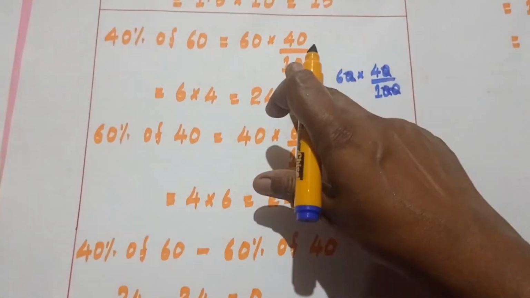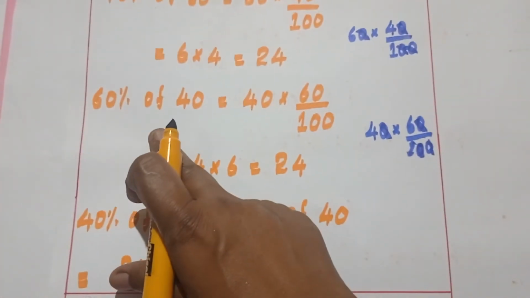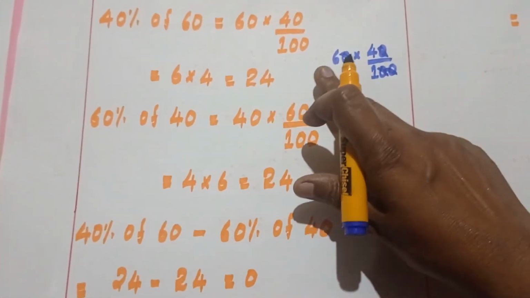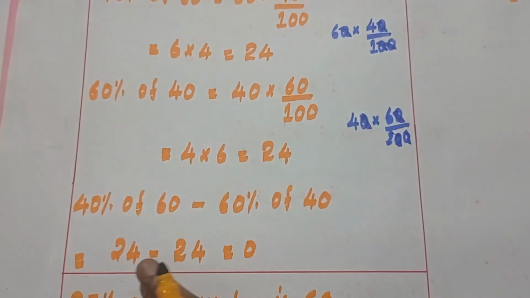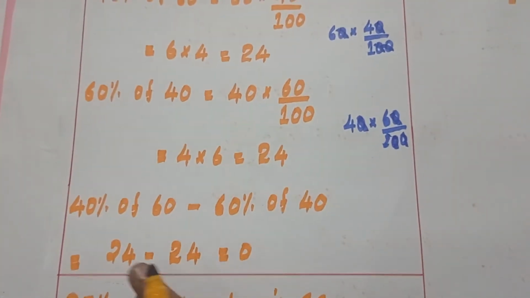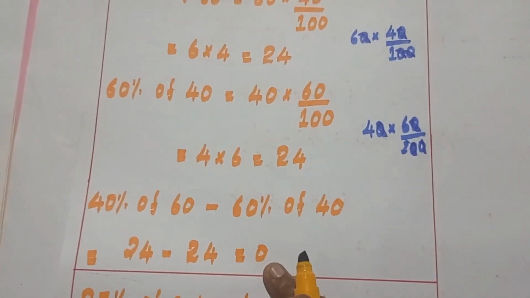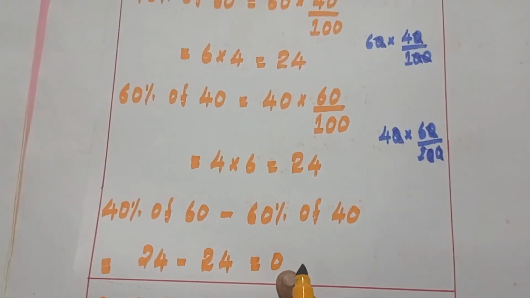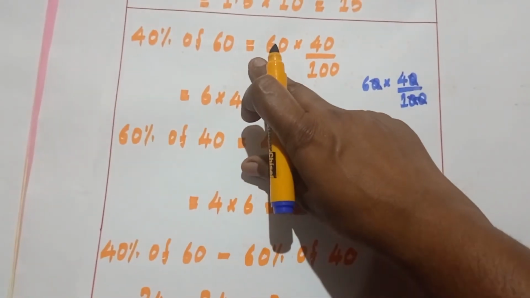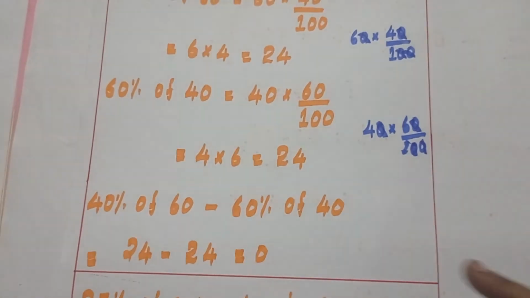Then find the difference of 40% of 60 and 60% of 40. 40% of 60 is 24 and 60% of 40 is also 24. That is 24 minus 24 is equal to 0. So the difference between 40% of 60 and 60% of 40 is 0.